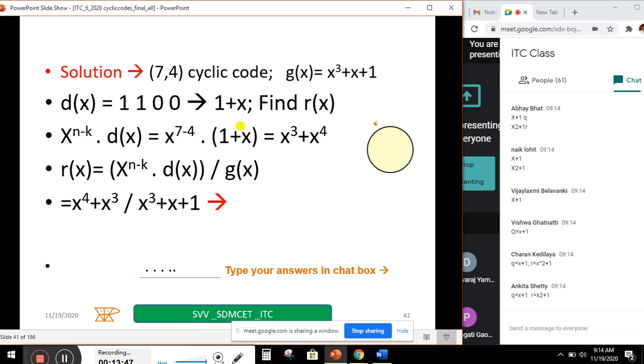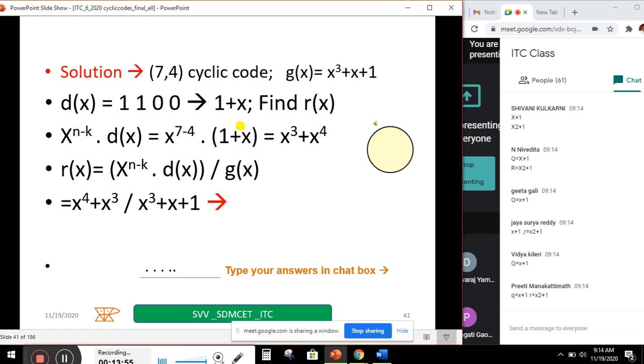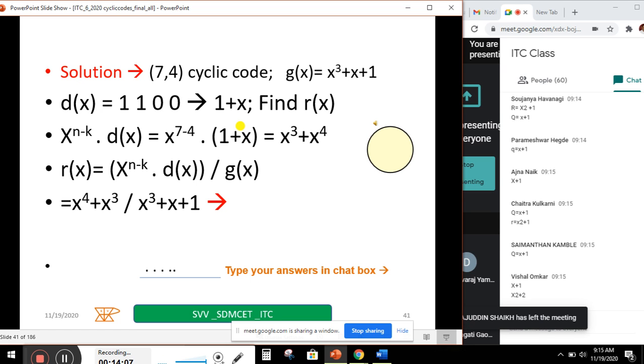Most students have x square plus 1 and x plus 1. Many others are getting the same answer.